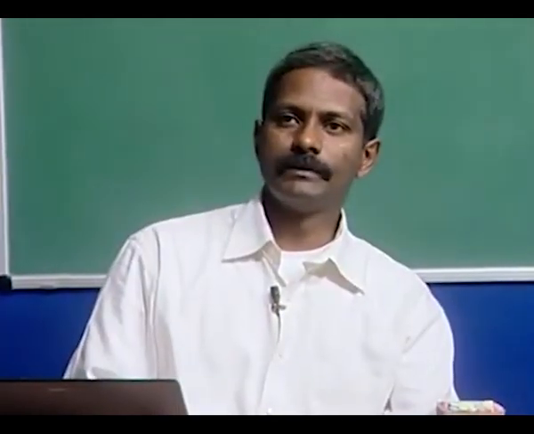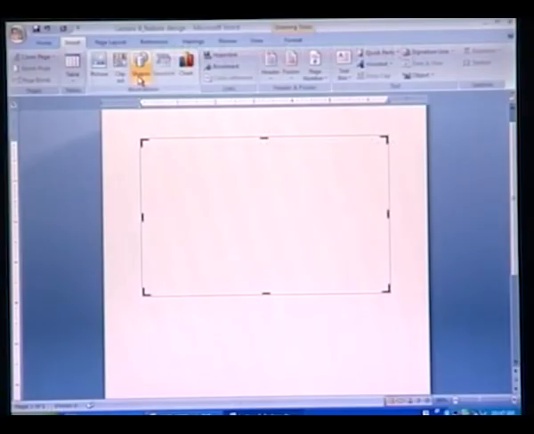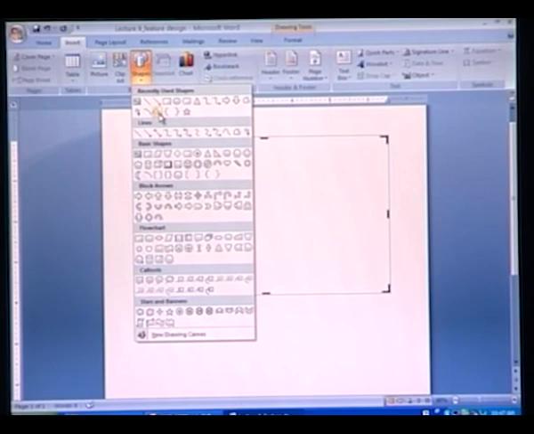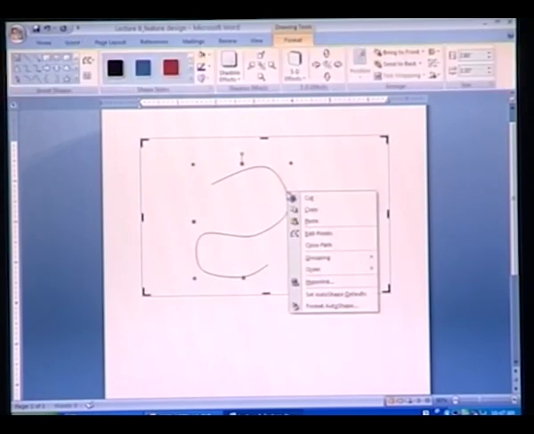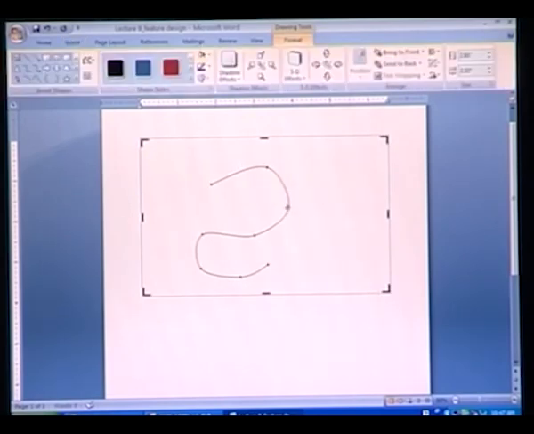The second example, feature design. Let me first draw a general curve here. And then finally change the positions of all these points. What this does is it allows me to change the local shapes of these curves.